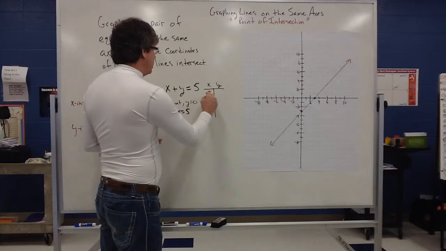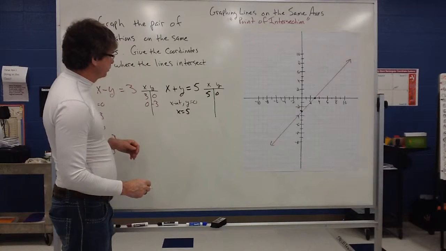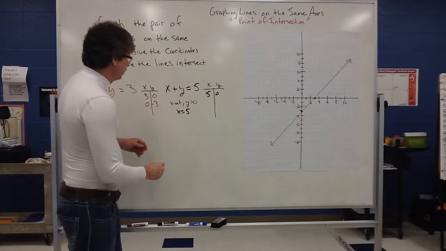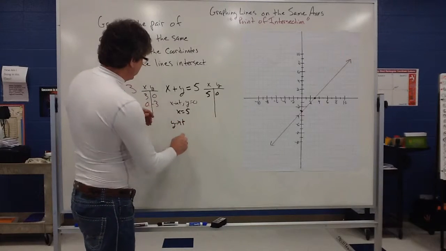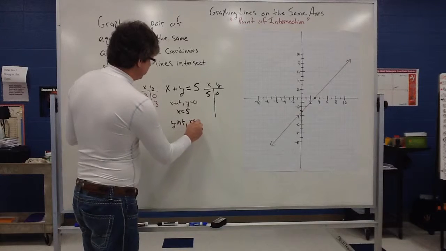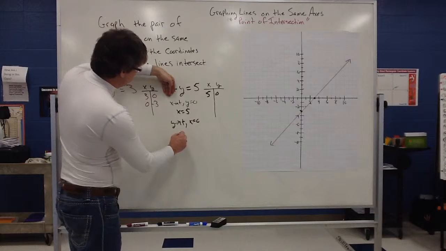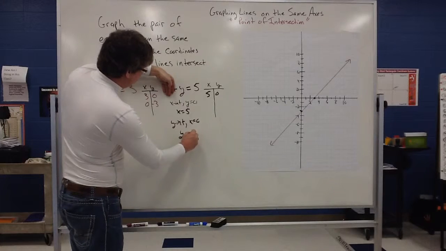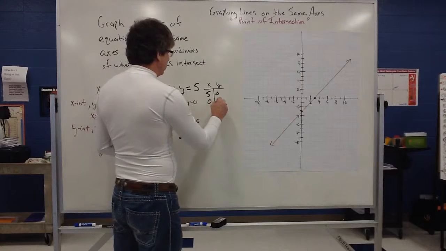So 5, 0 is going to be my x-intercept. To find the y-intercept, we're going to set x equal to 0. And solve for y. So when I set x equal to 0, this falls out, and you just have y equals 5. Not a whole lot of math here. So 0, 5 would be the y-intercept.